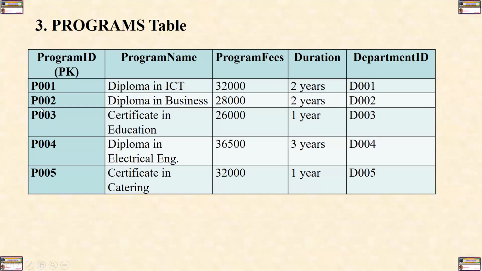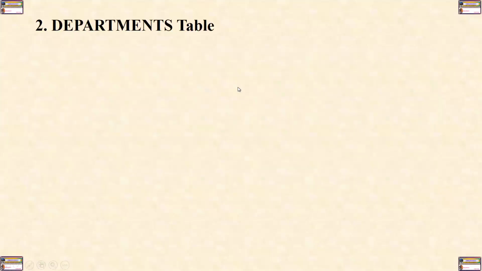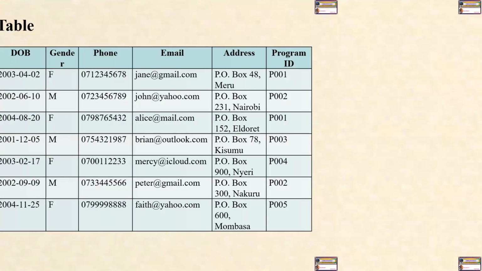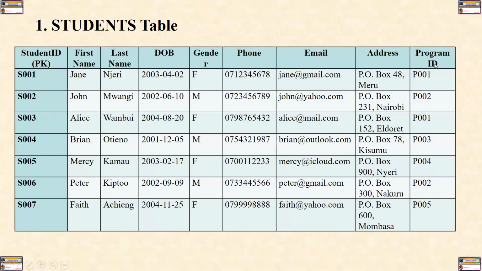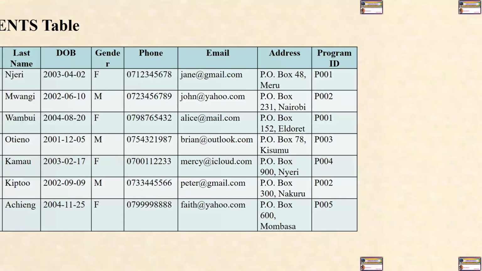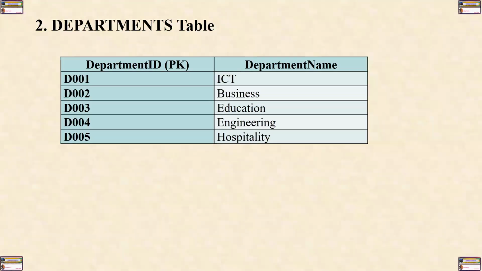So we filled this data. And then from there, we moved to the students table. Why? Because the students table has the program ID. So after we have populated this data, the data here is supposed to be common with the data in the programs table. So we have filled those three tables: the students table, the departments table, and the programs table.